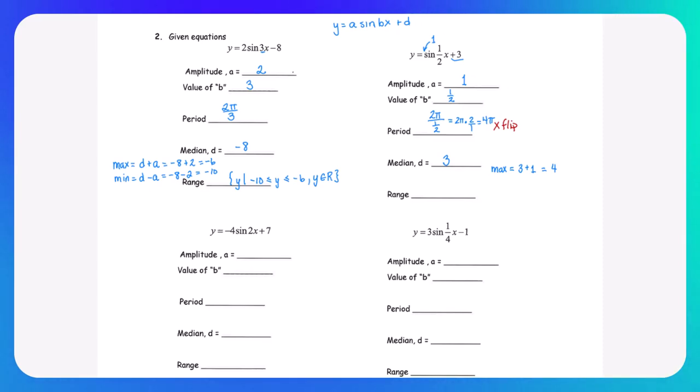And then the min equals 3 minus the amplitude, which is 2. So what is our range? Y such that, oops, forgot the curly bracket, 2 less than or equal to x less than or equal to 4, where y is an element of the real numbers.